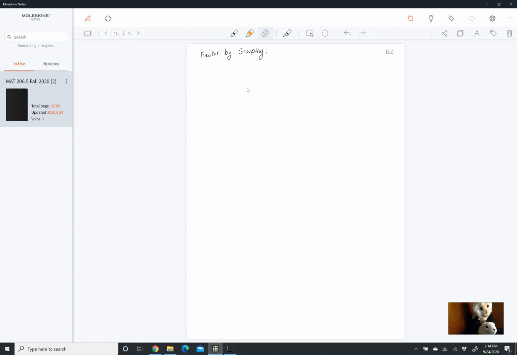So the first thing that you're going to do is group the first two terms. This is specifically for cubics, but it's very similar for any other polynomial. You would group two terms together simultaneously. So here you're going to group the first two terms and the last two terms.